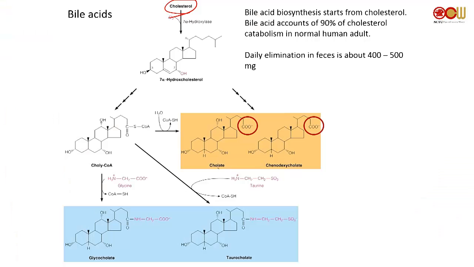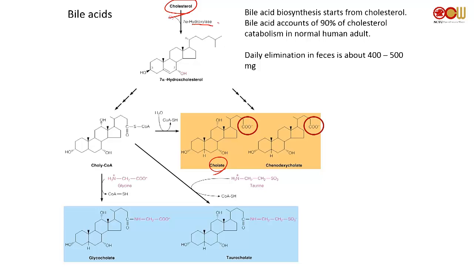For the purpose of this class, I want you to understand what kind of metabolites come from where. So bile acids come from cholesterol. That's the important message here. Remember we saw cholic acid; these all come from cholesterol through hydroxylases, and in many steps you can generate different bile acids.